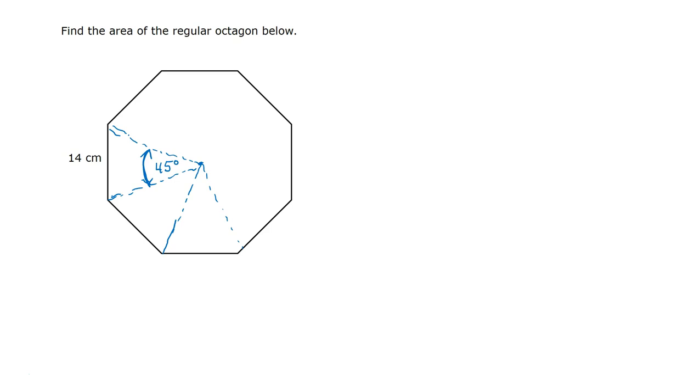I'm going to try to use the formula that the area is 1/2 the apothem times the perimeter of the figure. The perimeter is pretty easy, because that's just going to be 8 times 14 centimeters, because I have 8 sides, each 14 centimeters.